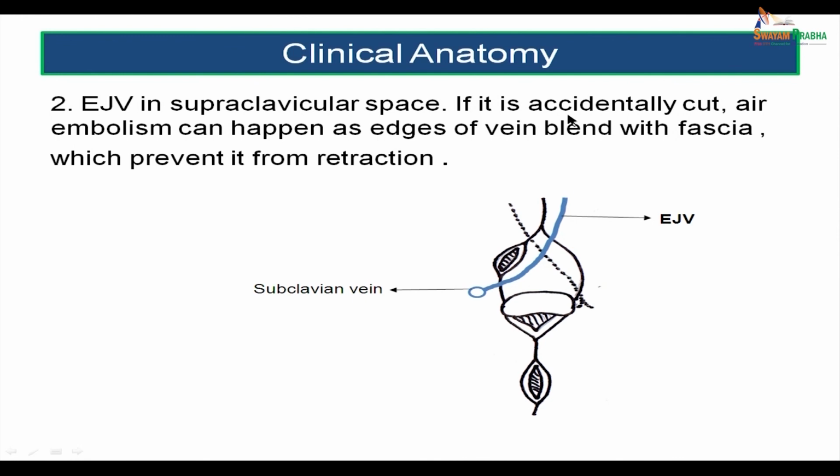Now, if it is accidentally cut, then there is a problem called air embolism, that is, air can enter into the vein. Why can this happen? Because the edges of the vein have blended with the fascia, and this prevents it from retracting. Hence, we can have air embolism.